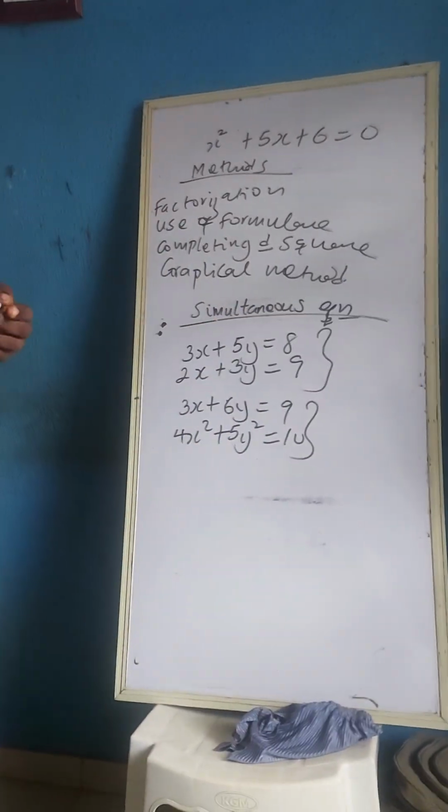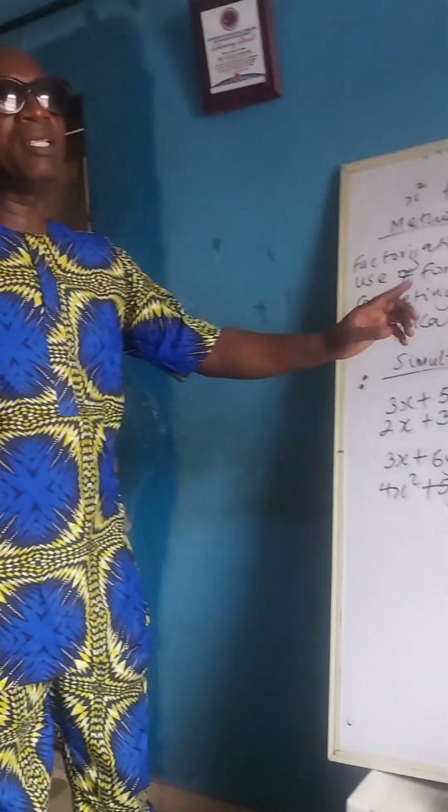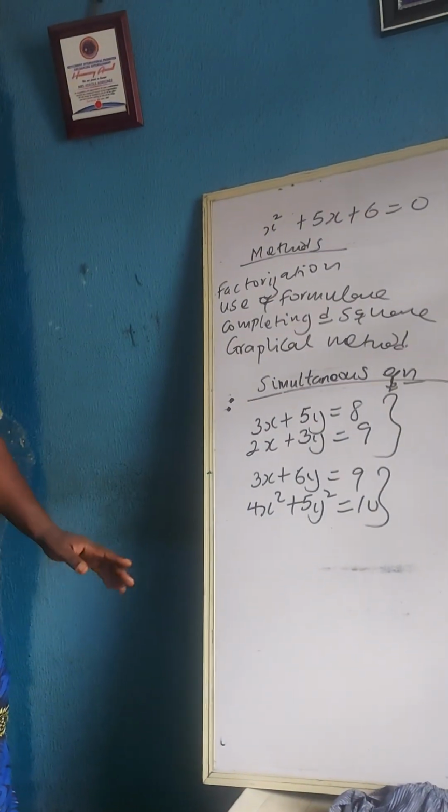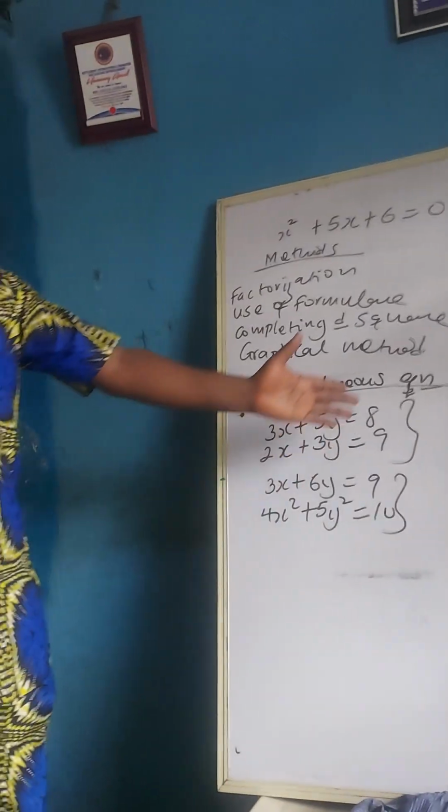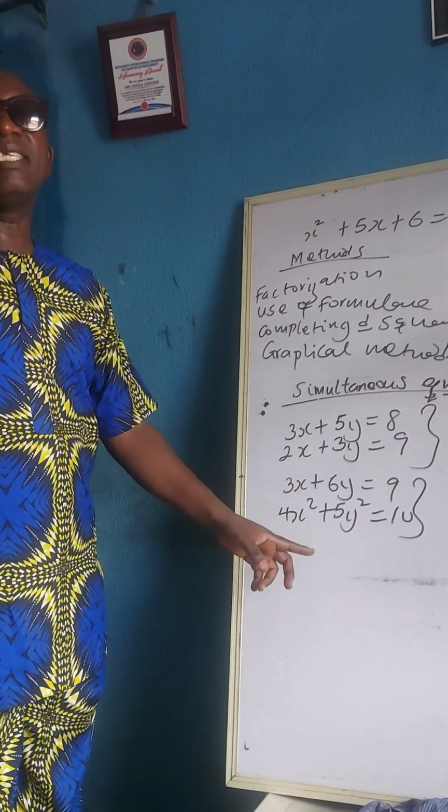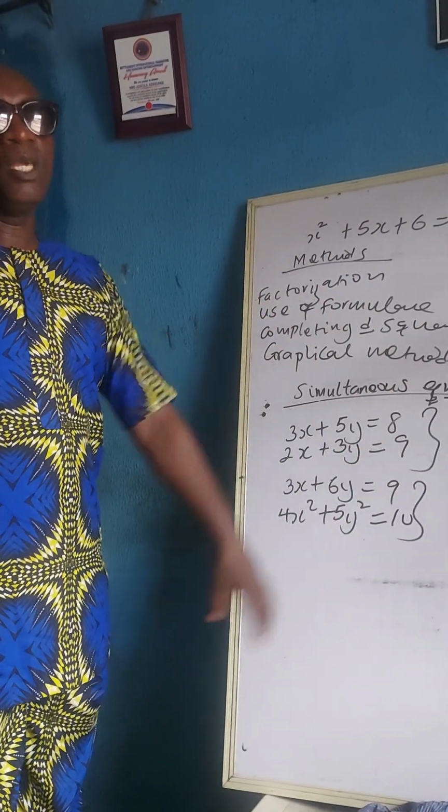When you look at this, it is also simultaneous equation. But the first line has power 1, while the second equation has power 2. This one is called one linear, one quadratic simultaneous equation.